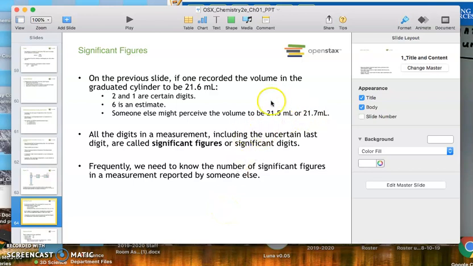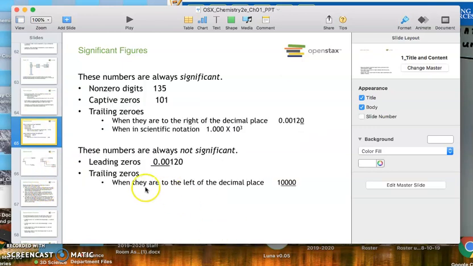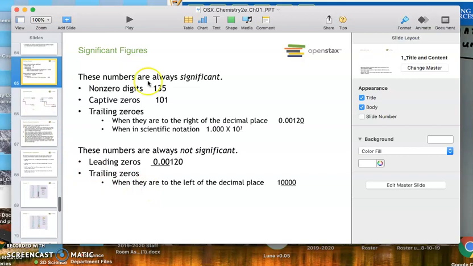In this case, for example, there are 3 significant figures for our data that we can report if we wanted to report it in a scientific journal. So we have to know how many significant figures there are in a measurement reported by someone else, which tells us the level of accuracy in their measurements.